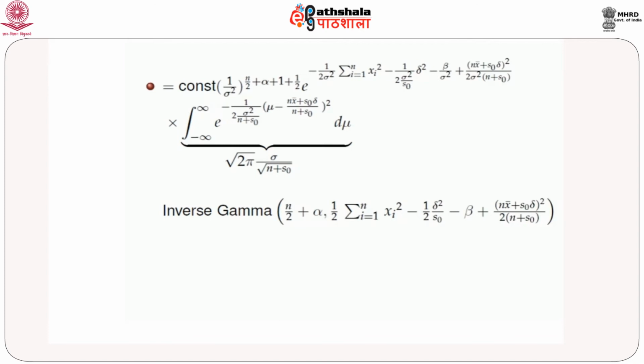With a little bit of simplification, we can see that the posterior distribution of sigma square given the data actually leads to an inverse gamma distribution with the parameters n over 2 plus alpha and 1 over 2 summation x i square minus half delta square over S naught minus beta plus (n x bar plus S naught delta) whole square by 2 times (n plus S naught).